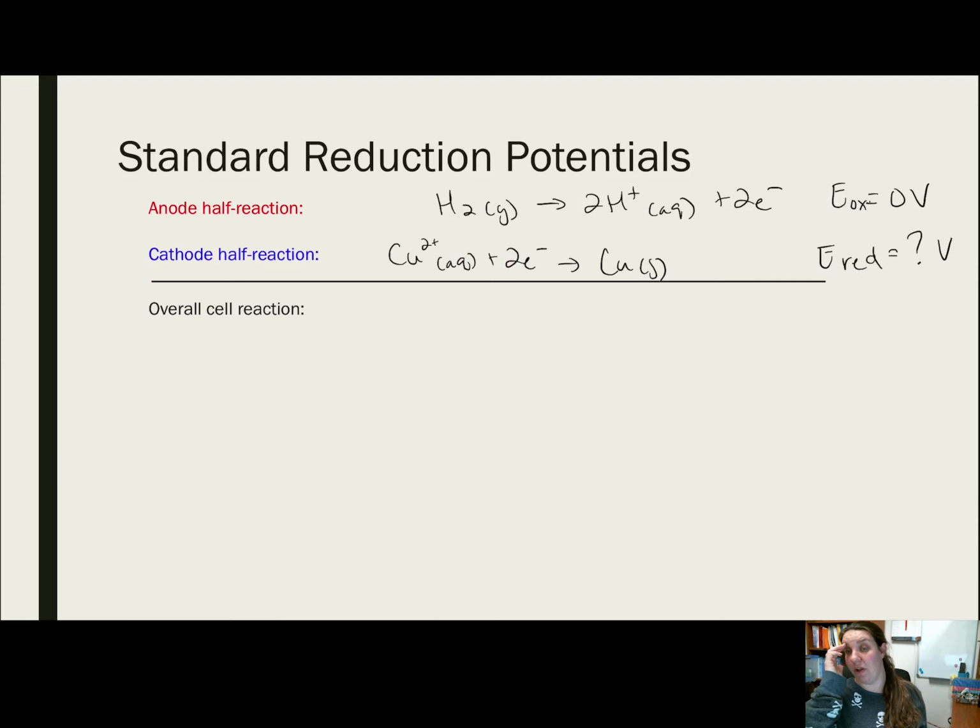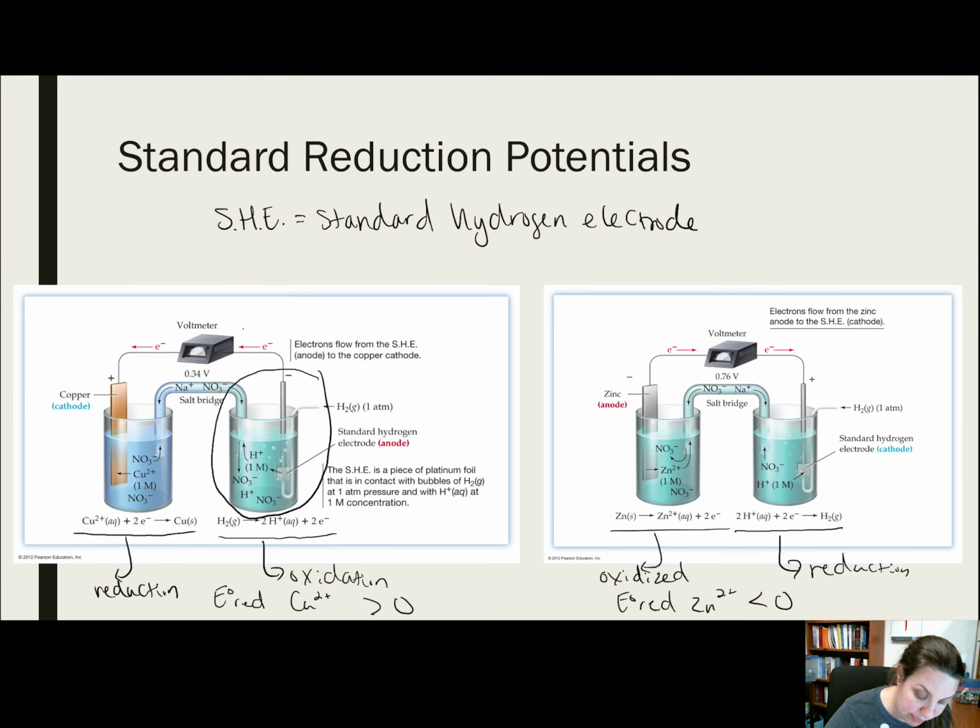I want to determine what that reduction potential is by going back and looking at the volts produced here. The voltmeter in this case read 0.34 volts. So that means that our cell potential is 0.34 volts.